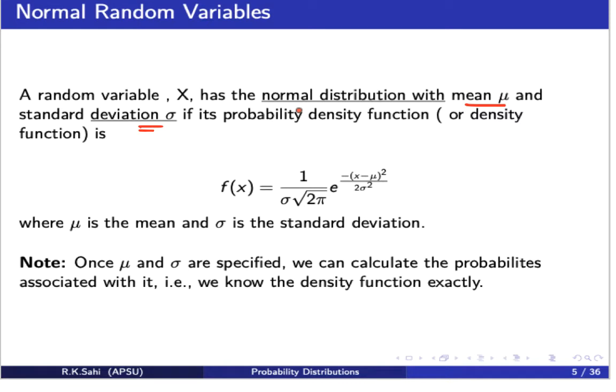The parameters I'm talking about are the mean and the standard deviation. So that's the main important aspect of a normal random variable. And yes, when you go to higher statistics classes, that's where you'll be looking at this. For us in this session and this class, we are basically going to talk about a normal distribution being represented in terms of its mean and its standard deviation. That's more important for us.